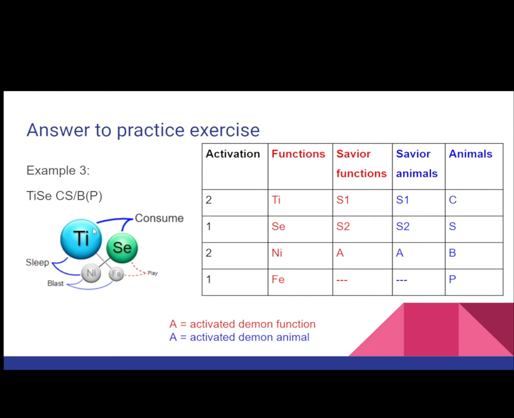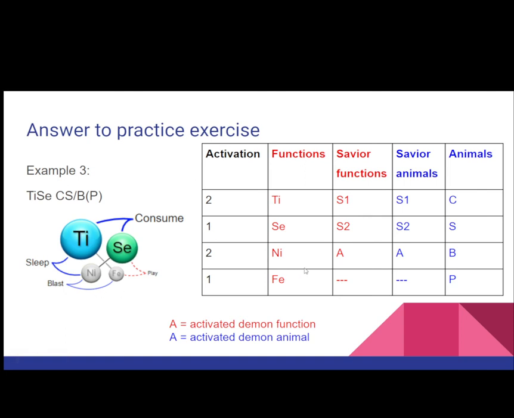We see Ti is activated twice, in the consume and in the sleep. Se is activated once in the consume animal. The third function, Ni, is activated twice, in sleep and also in that third animal, blast. Fe is activated once in the blast animal.